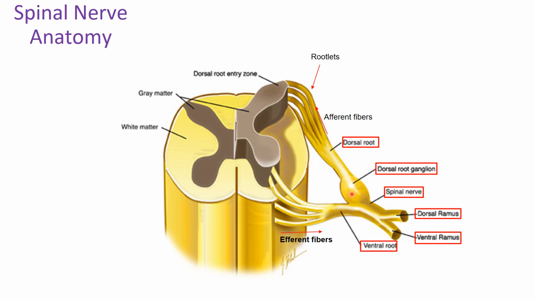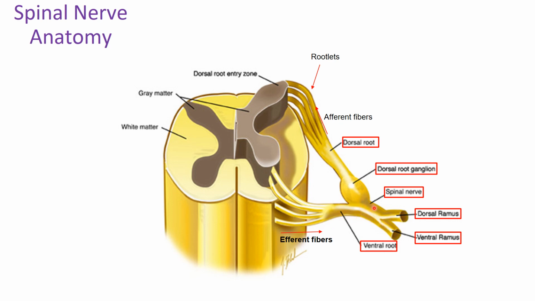So that is the dorsal root ganglion. And remember, a ganglion is a collection of cell bodies of neurons, specifically in the peripheral nervous system. And we know we're in the peripheral nervous system because we have exited the spinal cord.